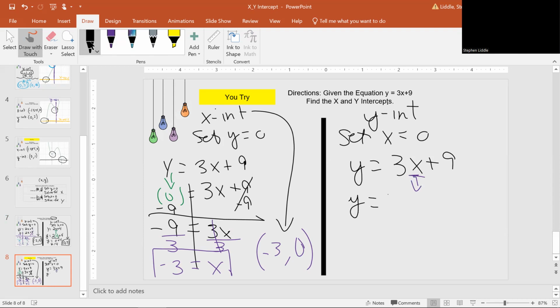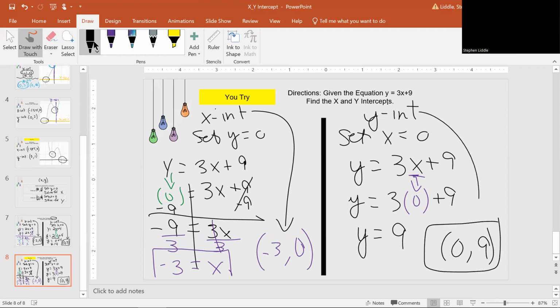So we have y equals 3 parentheses 0 plus 9. 3 times 0 is 0. 0 plus 9 is 9. So y is going to equal 9. Again, we need to put it in a coordinate point with our 0, 9. And this will be our y-intercept. So that's the answer you should have gotten on your page.